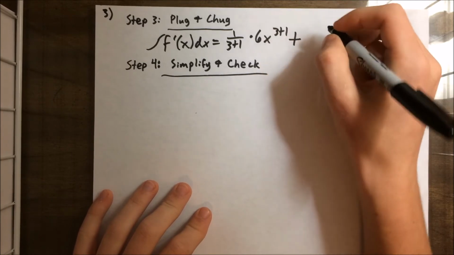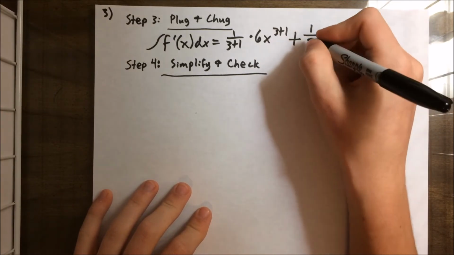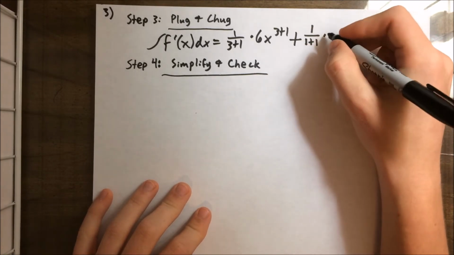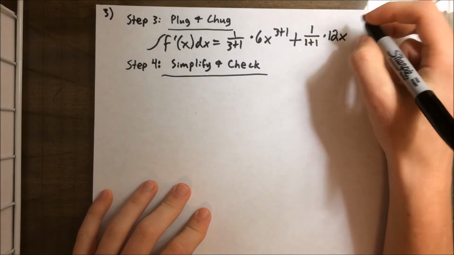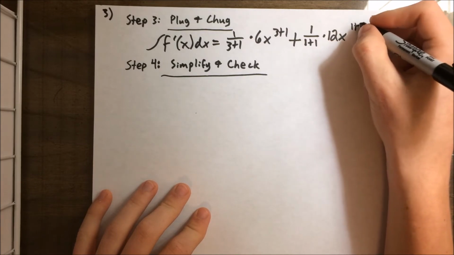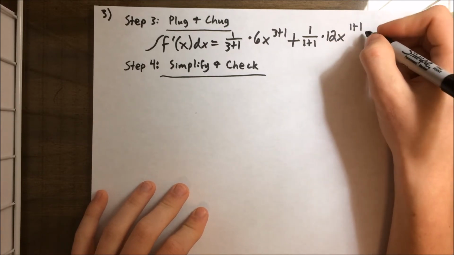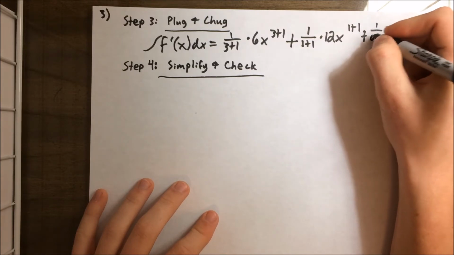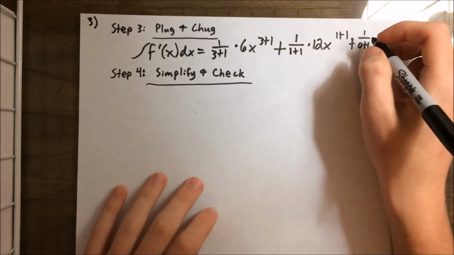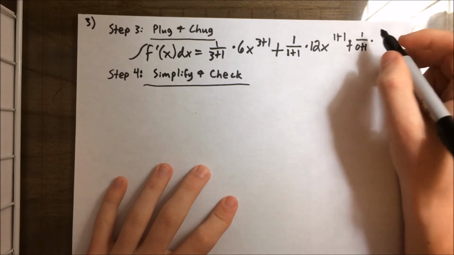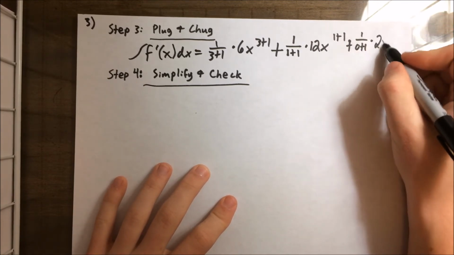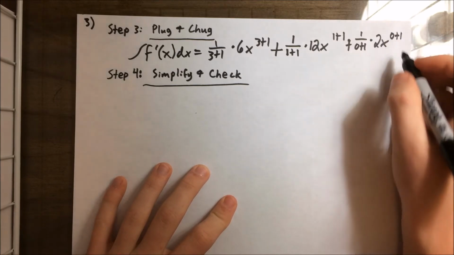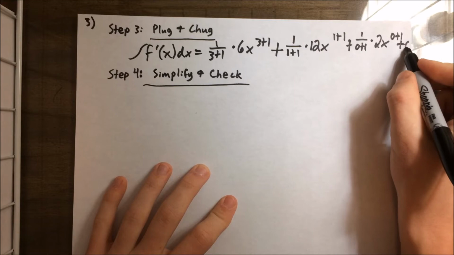So then plus the next part, 1 over n2, which is 1, plus 1, times a2, which is 12, x to the n2, which is 1, plus 1, and then plus 1 over n3, which is 0, plus 1, times a3, which is 2x to the n3 plus 1, so it's 0 plus 1, and then plus c.